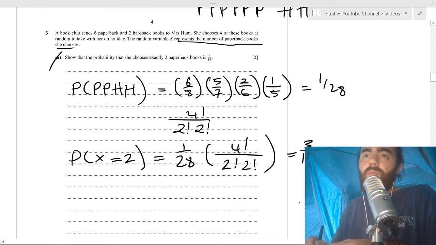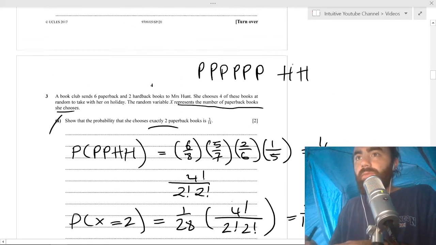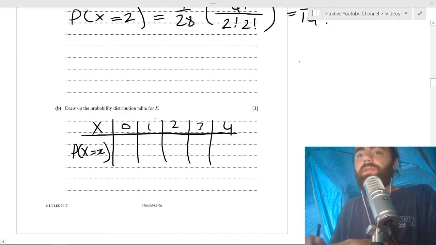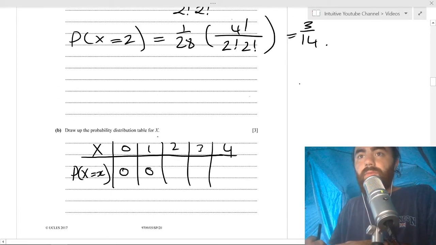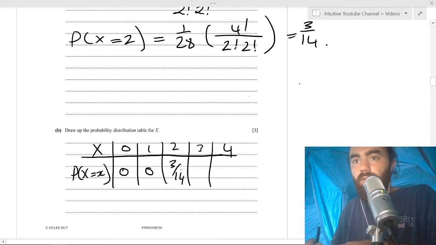Well, if you think about it, it can't be 0, right? She always has to pick at least 2, because there's only 2 hardbacks, so she could pick a hardback, but then she's got 2 slots and only paperbacks. So this would be 0 and this would be 0. I didn't actually need to put that in, but that's okay. And then we have this 3/14 for our 2.